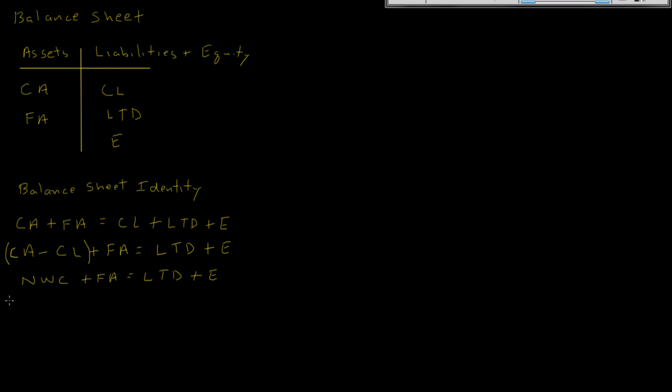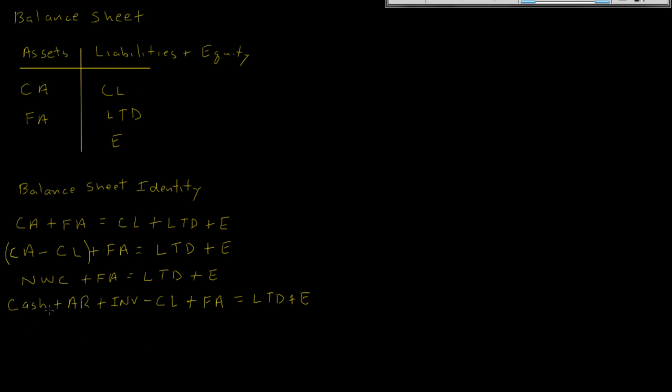So if we write that down here, we have cash plus accounts receivable plus inventories minus current liabilities plus the fixed assets we had before equals long-term debt plus equity. And what we really want to do here is we want to solve for cash.